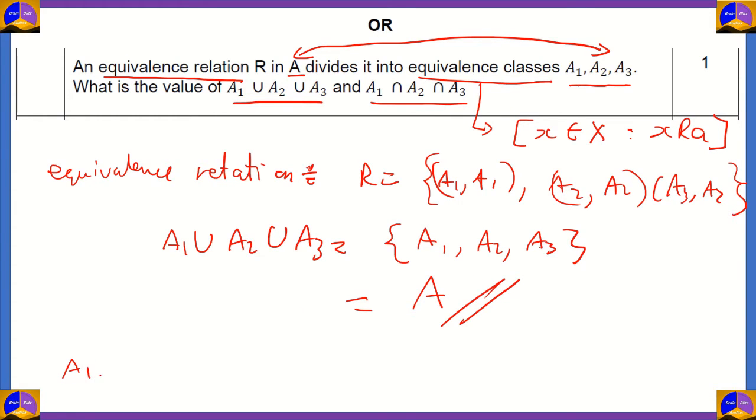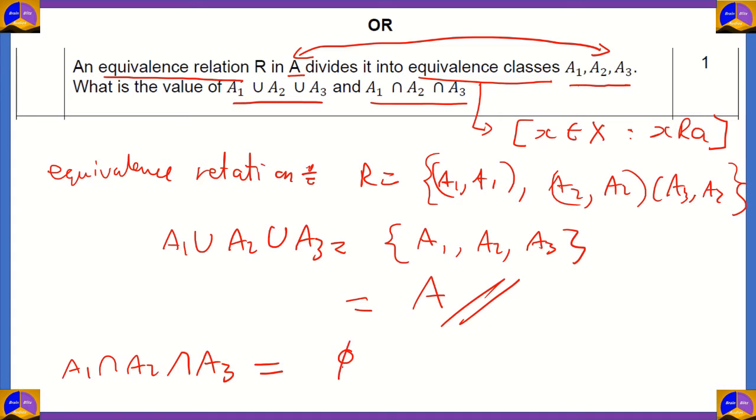Now what about a1 intersection a2 intersection a3? In the intersection operation, we are to take out the common points that are present all over the operation. So in this operation, a1, a2, and a3 are distinct equivalence classes, so therefore there is nothing common between them.